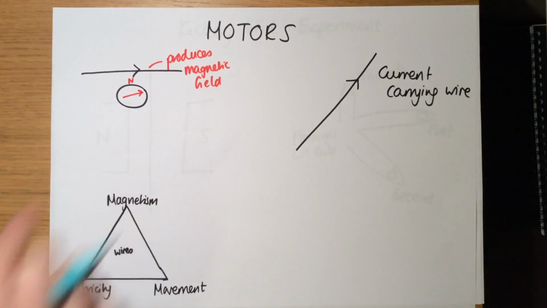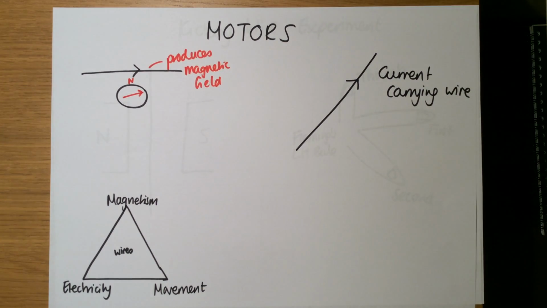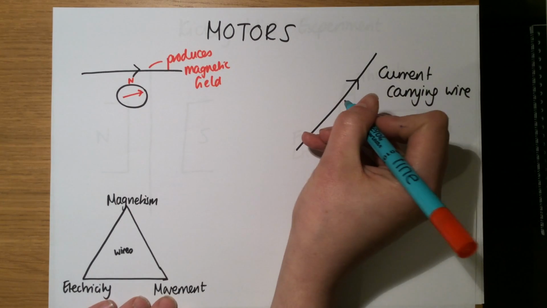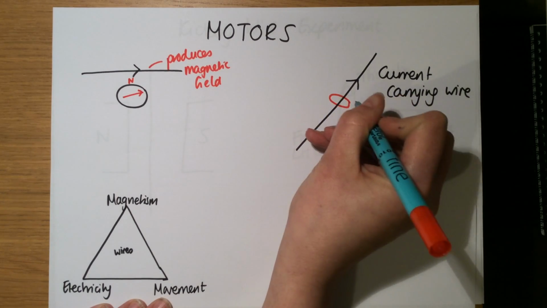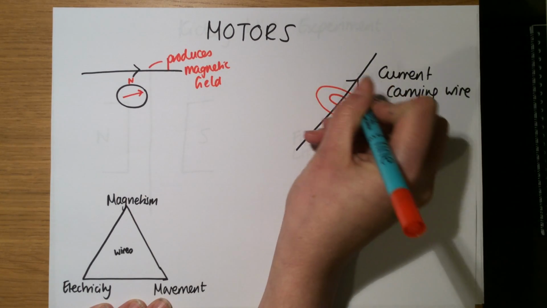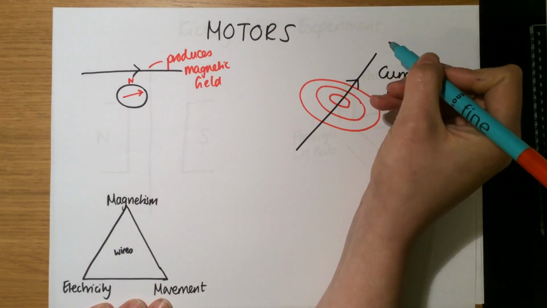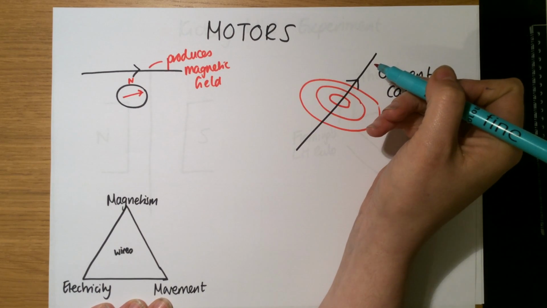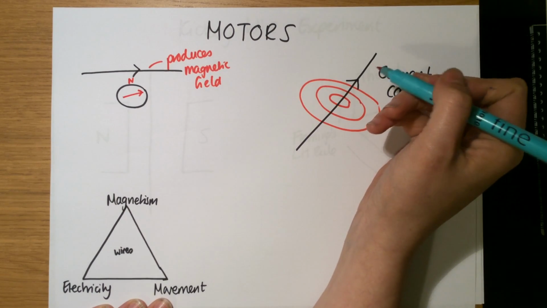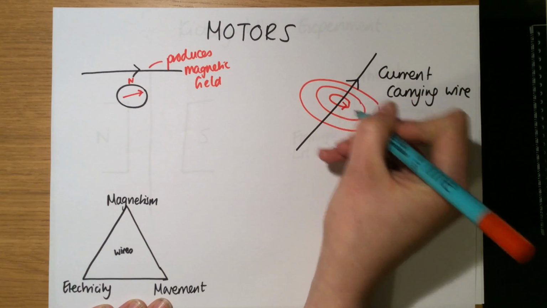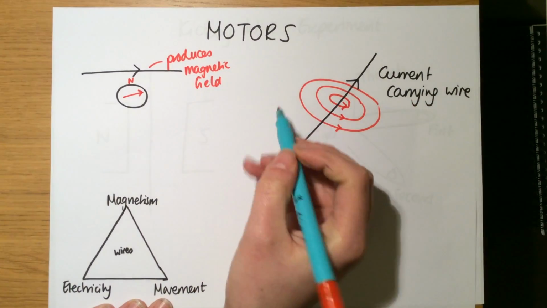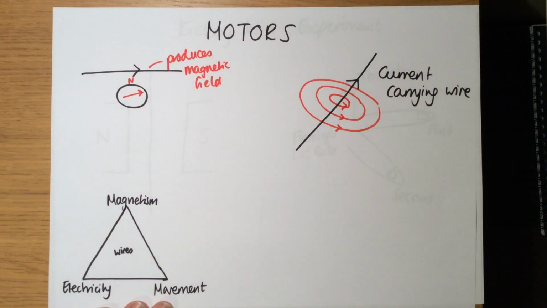Now if you put lots of them around a wire, you get the magnetic field pattern. It looks like concentric circles around the wire. So here's my current carrying wire. The current is going this way, and the magnetic field travels so that a free north pole would go that way around the wire.